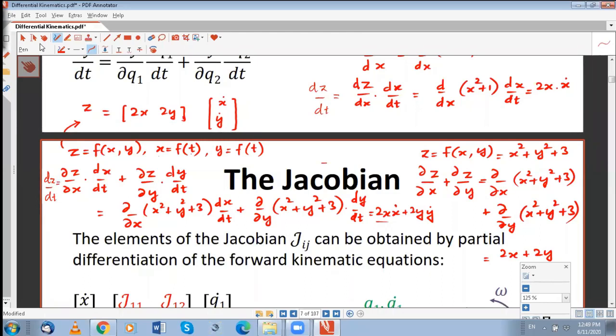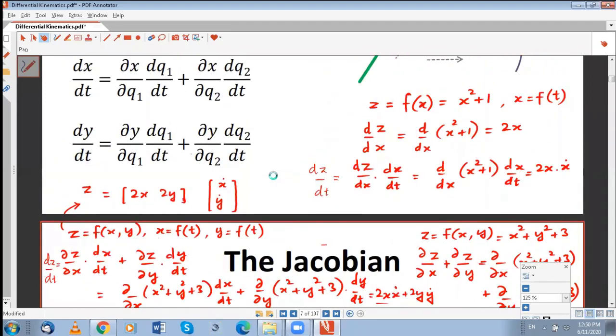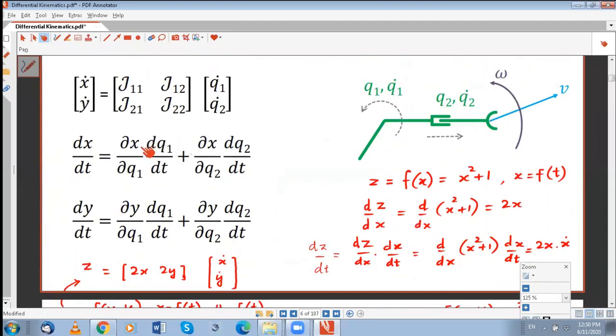You know that z not only depends on x, it also depends on y. So you take the partial of z with respect to x times the derivative of x with respect to time, plus partial of z with respect to y times the derivative of y with respect to time, plus, if there are further variables, you keep on adding. We need to do that for our Jacobian as well.